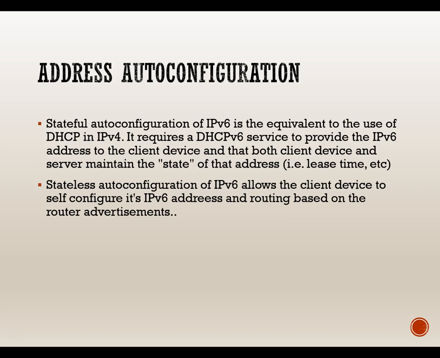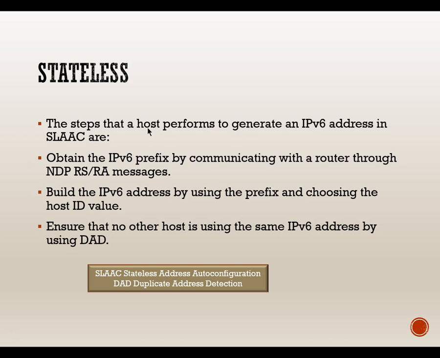We can have a DHCPv6 service to provide them, but then we can also have a stateless auto-configuration of IPv6, which allows the client device to self-configure its IP address and the routing based upon the router advertisements. The router advertisements tell us what the prefix is, and then the system creates its own.